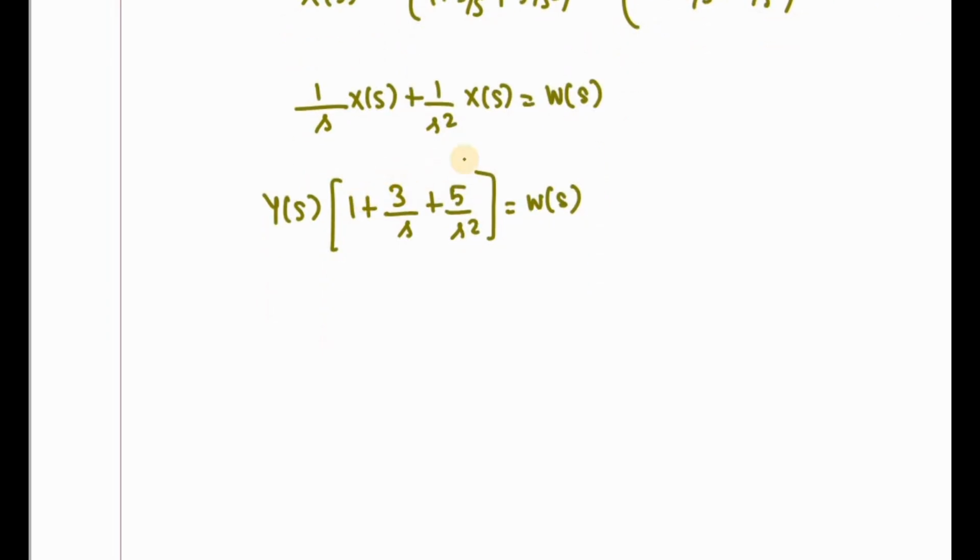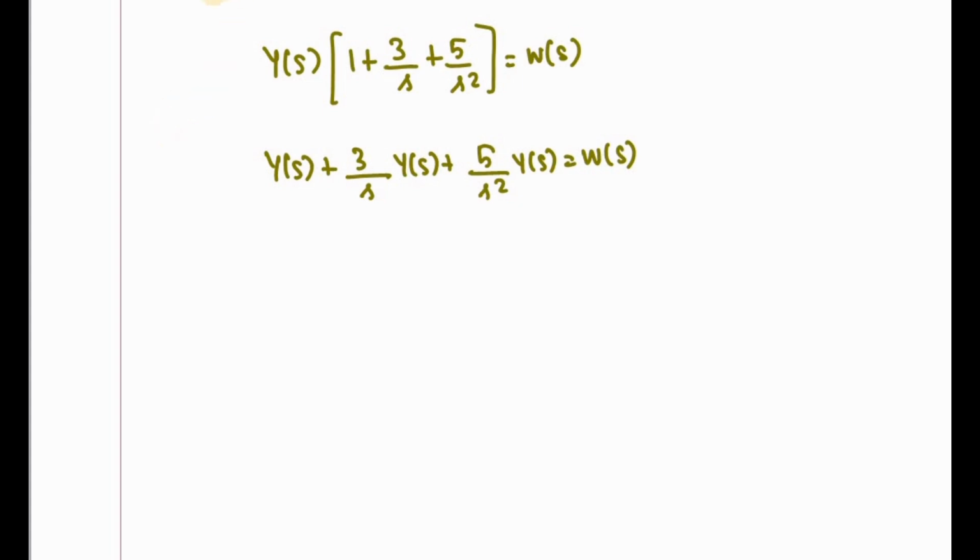I can expand this equation and write Y(s) plus 3 by s Y(s) plus 5 divided by s squared Y(s), which is equal to W(s). Usually the W(s) is in the center.